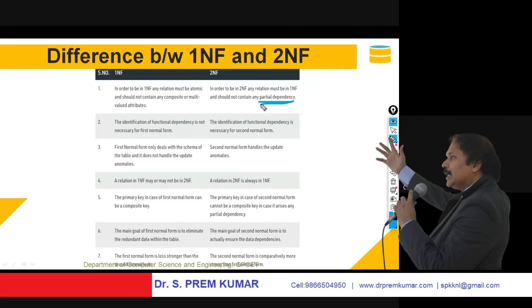There should be no partial dependency. That is the second normal form. ఫస్ట్ నార్మల్ ఫామ్ లో ఎనీథింగ్ షుడ్ బి అటామిక్ ఇన్ నేచర్. సెకండ్ నార్మల్ ఫామ్ లో దేర్ షుడ్ బి నో పార్షియల్ డిపెండెన్సీ. దీస్ ఆర్ ద ఇంపార్టెంట్ పాయింట్స్. ఫస్ట్ నార్మల్ ఫామ్, సెకండ్ నార్మల్ ఫామ్ యొక్క డిఫరెన్సెస్ ఈ స్లైడ్ లో ఇవ్వడం జరిగింది.